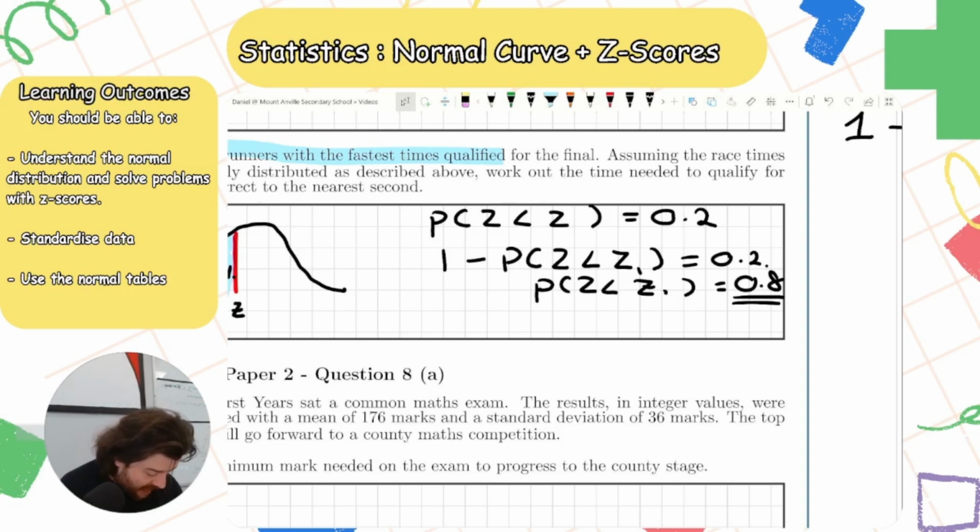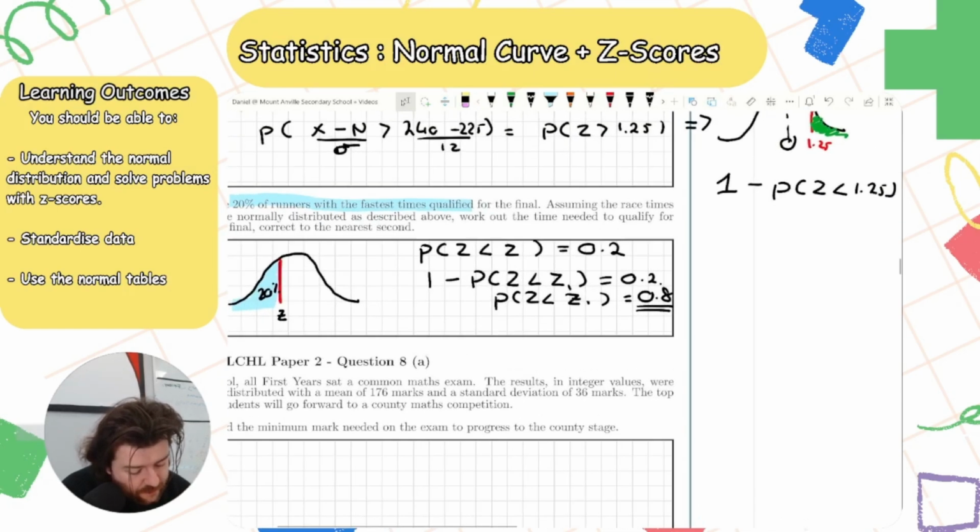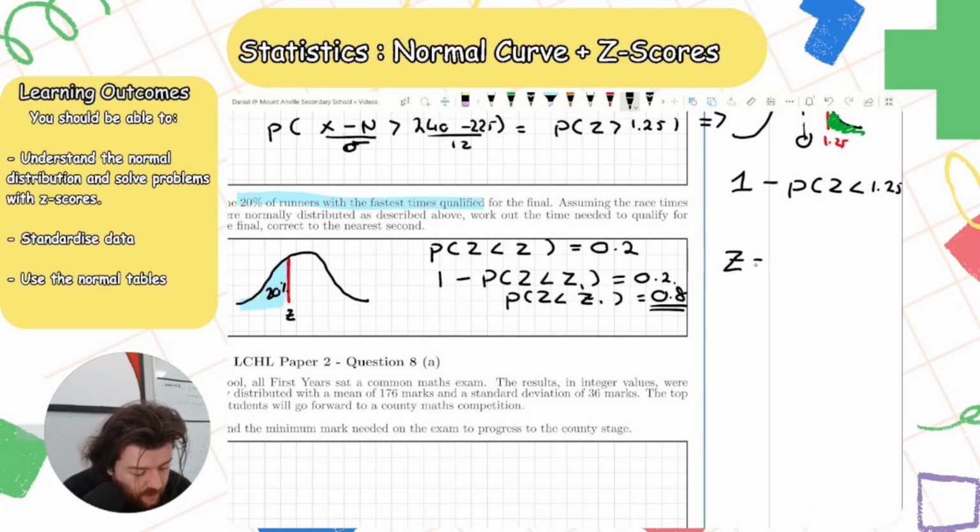That would be the closest one we have, 0.85. So my Z score will be equal to minus 0.85. Remember, we're dealing with it below the mean here, so it has to be negative. So we reverse looked it up at 0.85.